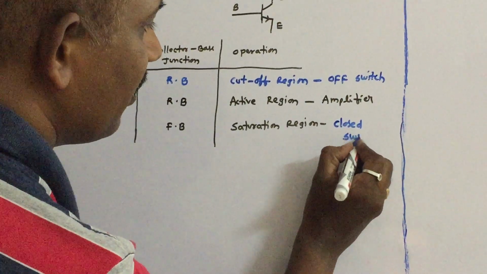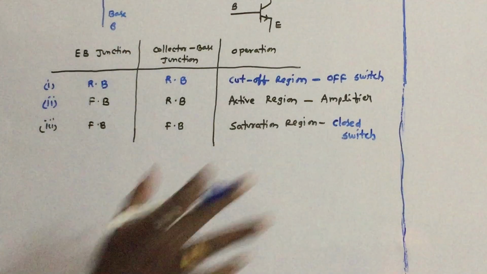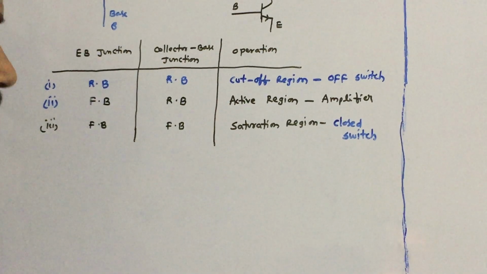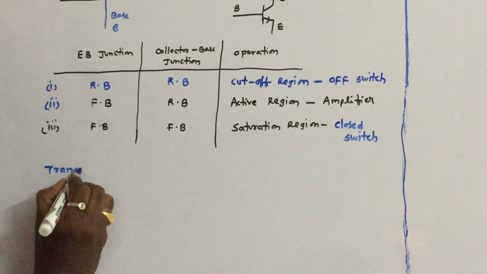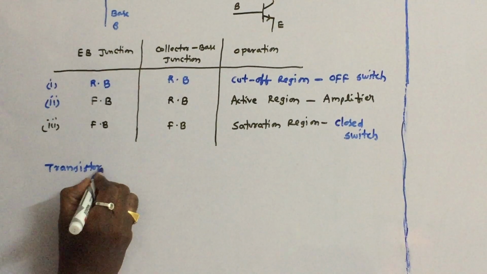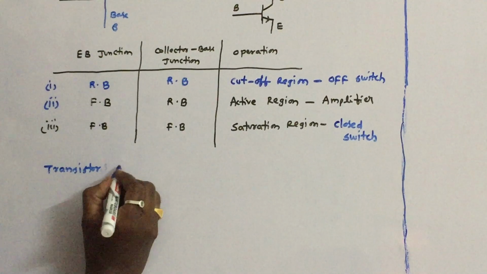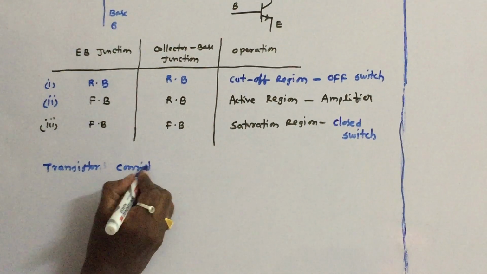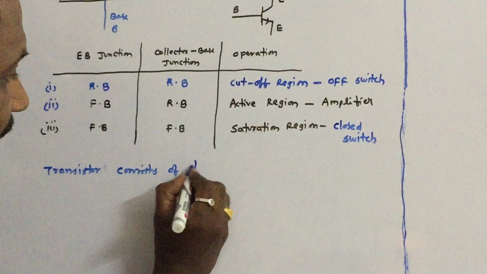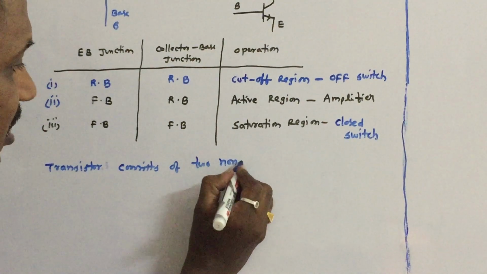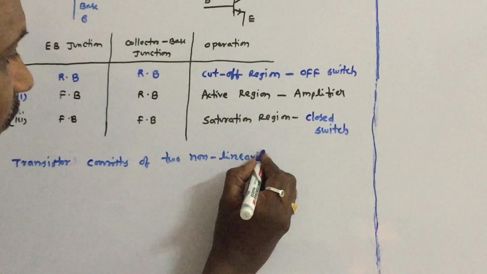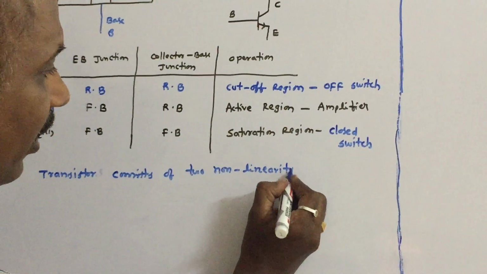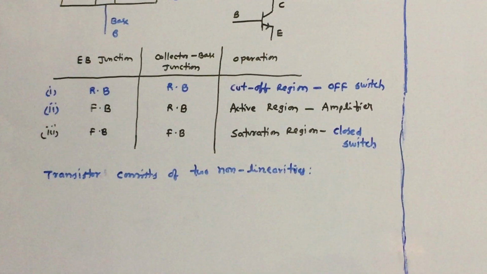These are the very simple basics you should know about the transistor. Now, the transistor consists of two non-linearities. Remember that the transistor consists of two non-linearities. Let us see what these non-linearities are.